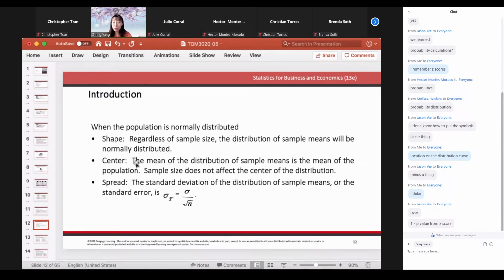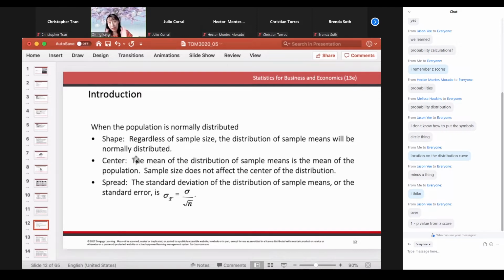So for this new random variable, the sample mean, we also need to figure out where the center is and how large the spread is. The textbook tells us the center, the mean of the distribution of the sample mean, is actually the mean of the population.